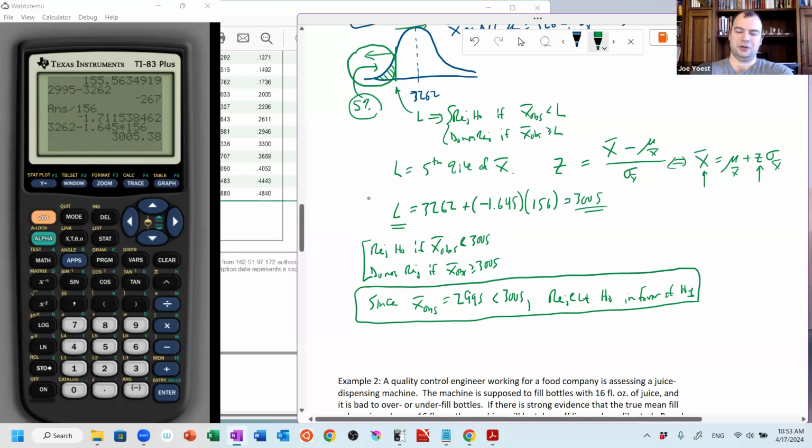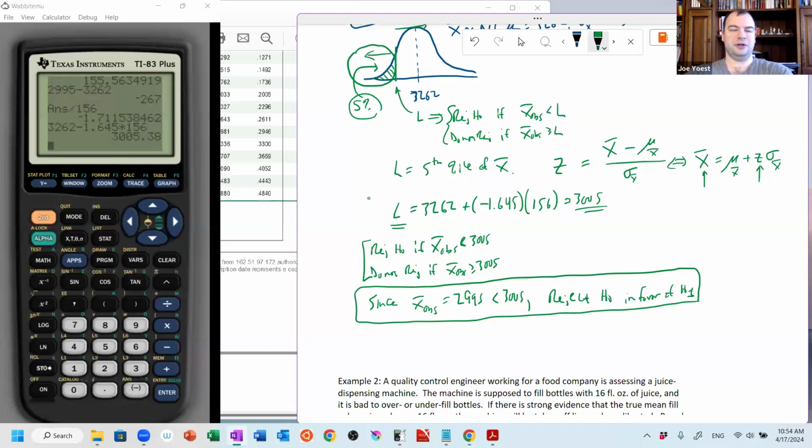Or we can make similar statements as above. Since X bar observed is less than 3005, our sample represents statistically significant evidence in favor of the alternative hypothesis. Since X bar observed is less than 3005, we can make the claim that our students' credit card debt is less than the national average, and so on. We can make all of these same similar statements.